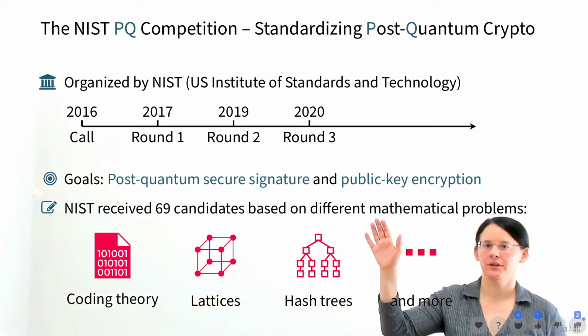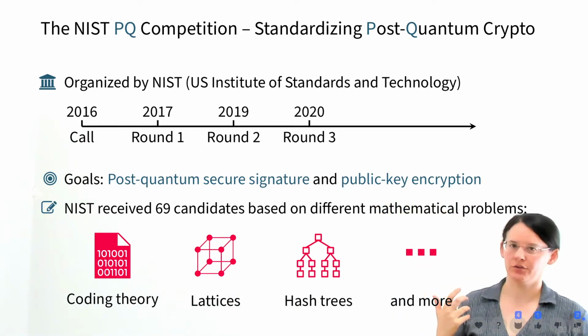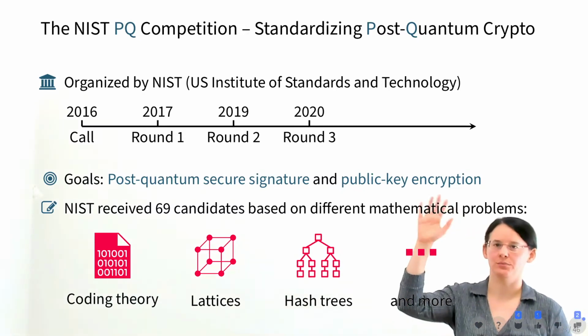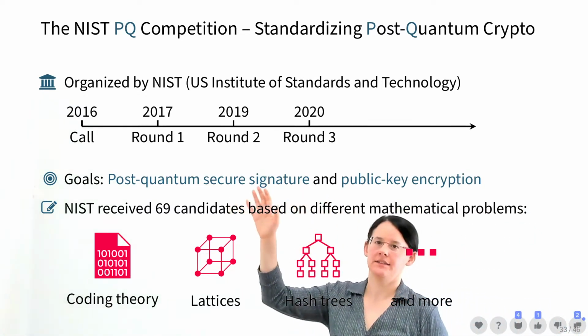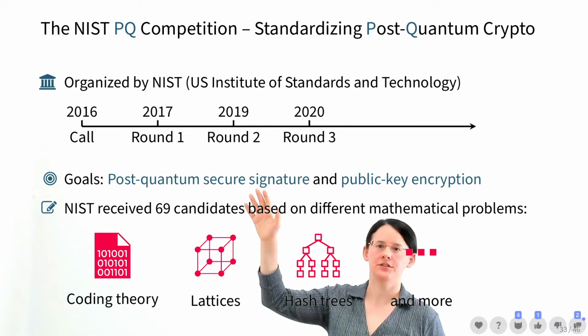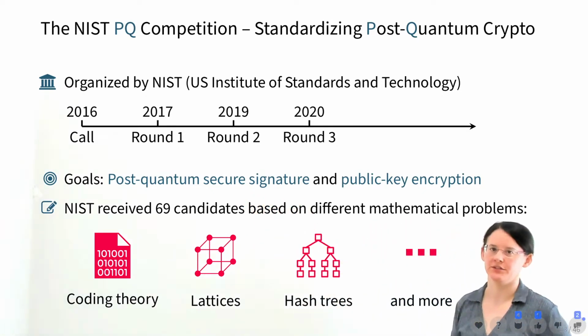So the idea is that we use public key encryption for key agreement. Instead of Diffie-Hellman or RSA encryption, we would use that, or a key agreement scheme. And instead of, for example, RSA signatures or DSA signatures, we would use a post-quantum secure signature scheme.